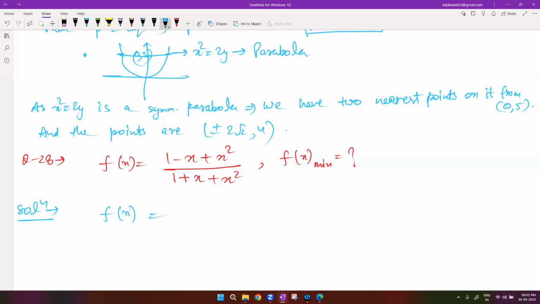The only difference is it has minus x and it has plus x. So what I'm doing is I'm writing the numerator as this. I'm writing minus x as x minus 2x so that this expression becomes c. Now I'm writing it like this.